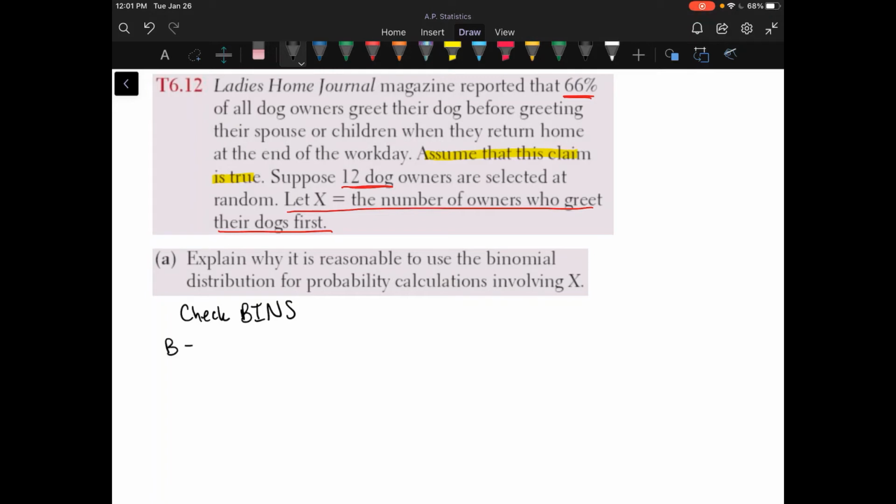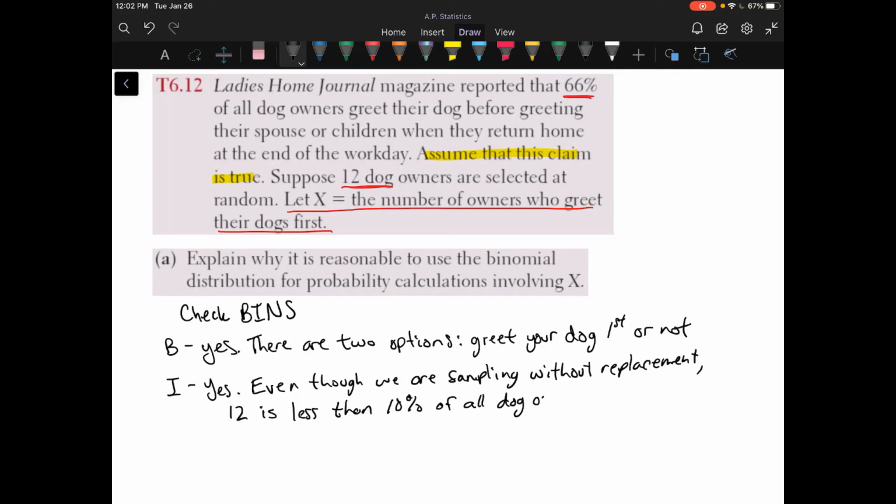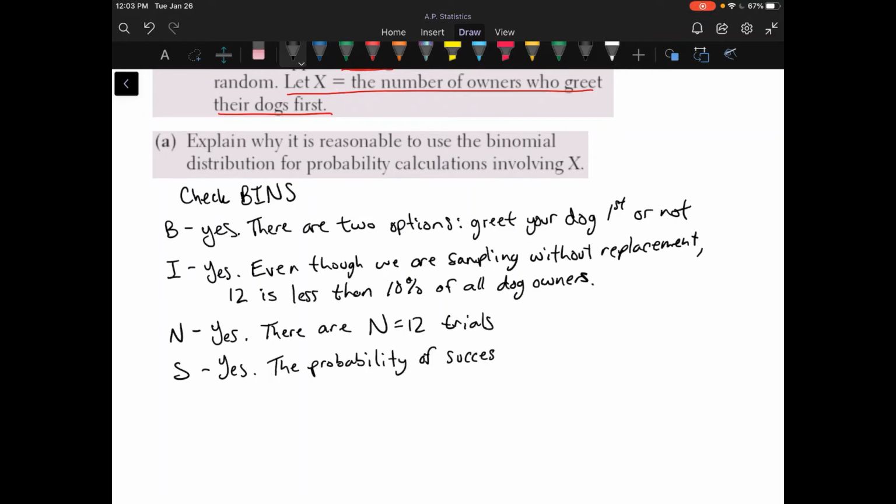So first, so we've checked BINS. It's all good.